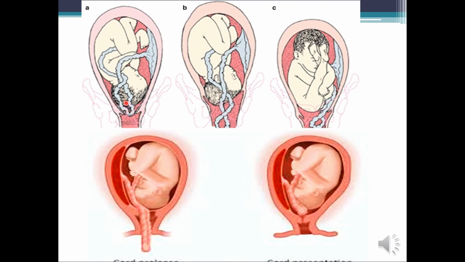Here, cord prolapse, membranes ruptured, in vertex or in breech, when the presenting part does not fit well and does not descend well. Also, as you see here, cord prolapse, cord presentation.